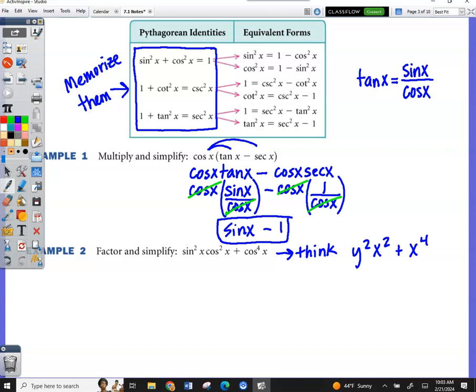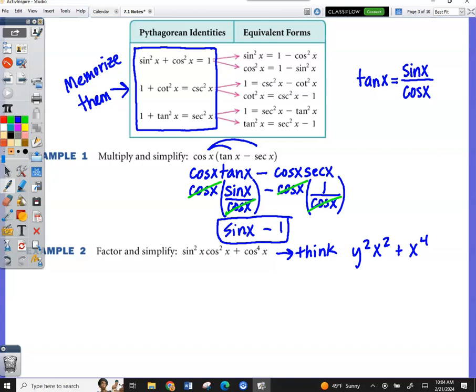This might help you to see the GCF and what you can pull out until you get better with the trig functions, okay? So clearly I can see they both have a cosine, right? Not only do they have a cosine, they have a cosine what in common? They have a cosine squared.